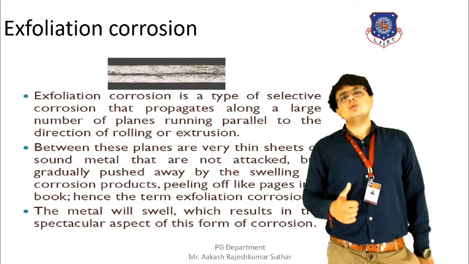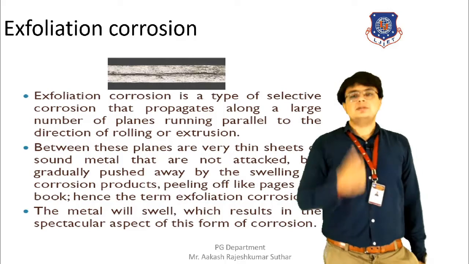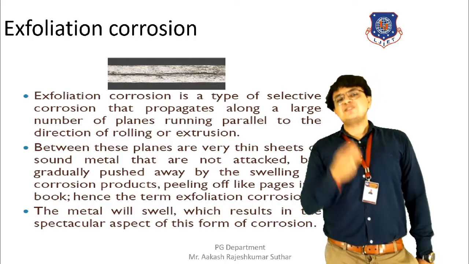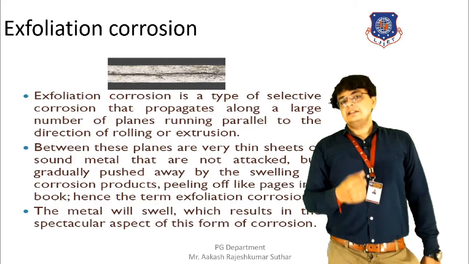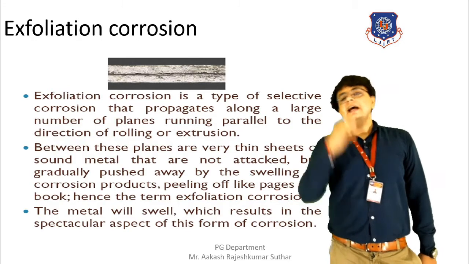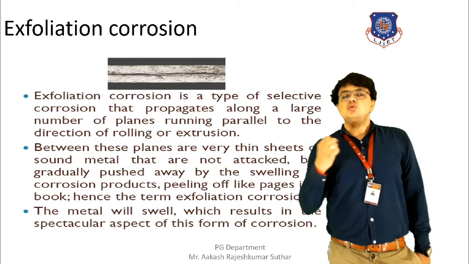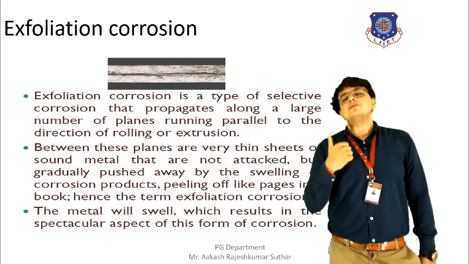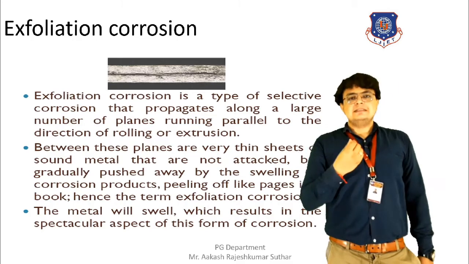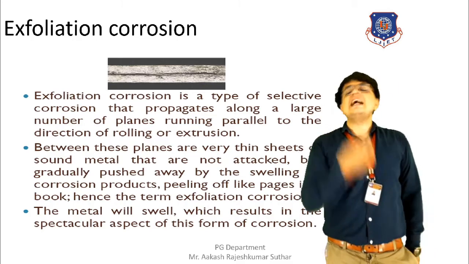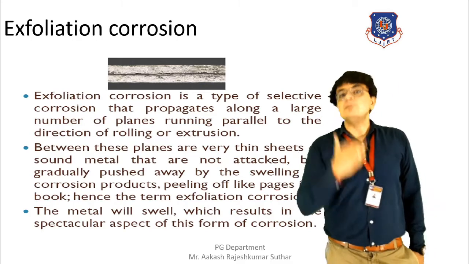The next type of corrosion is the exfoliation corrosion. The name only suggests that exfoliation is taking place. Here, the corrosion is a kind of selective type of corrosion that is propagating towards a large number of planes of the metal.